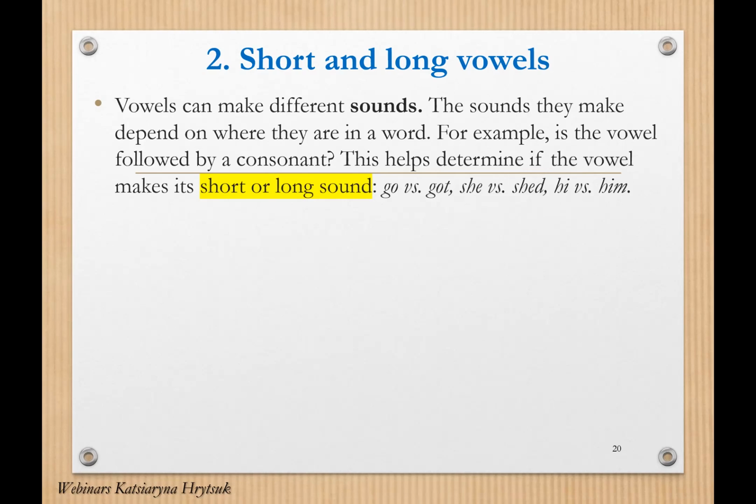We need to know the location of the vowel. It helps to understand if our syllable, our word actually, is open or closed, so our vowel makes short or long sound. Okay, so we say go or got. So here is a short sound because it's a, what kind of syllable?